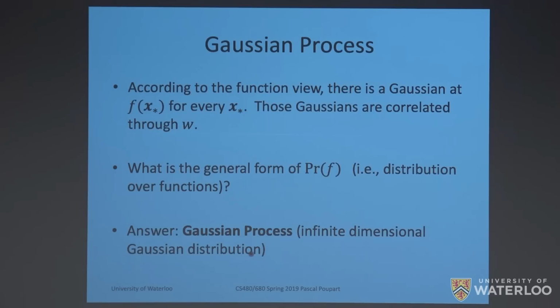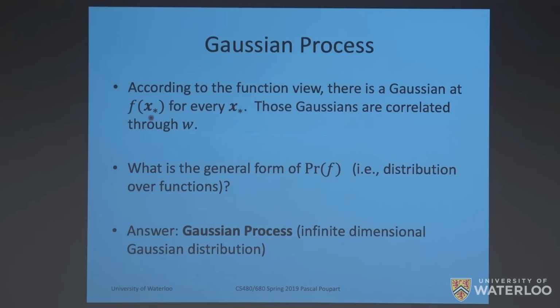All right, so now when we talk about Gaussian processes, the idea is that we're going to do Bayesian linear regression with respect to the function space. And then in a function space view, what happens is that we end up with a Gaussian at every f of x.